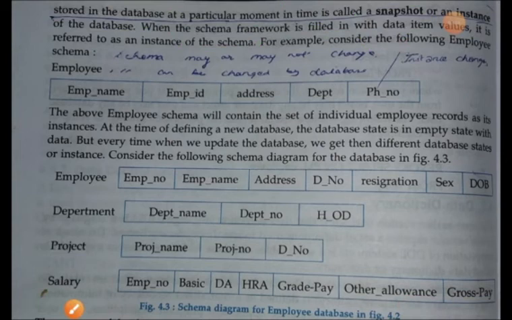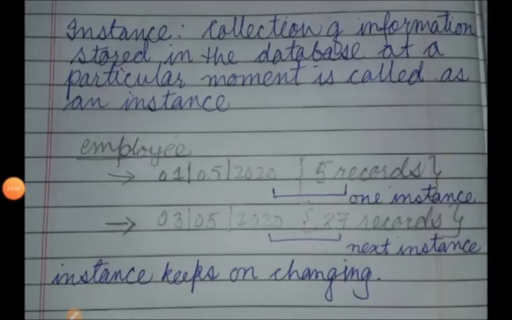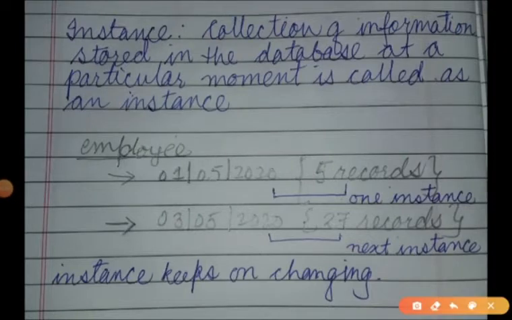Okay, so let's see it with an example. In simple words, we can say instance is a collection of information stored in the database at a particular moment.